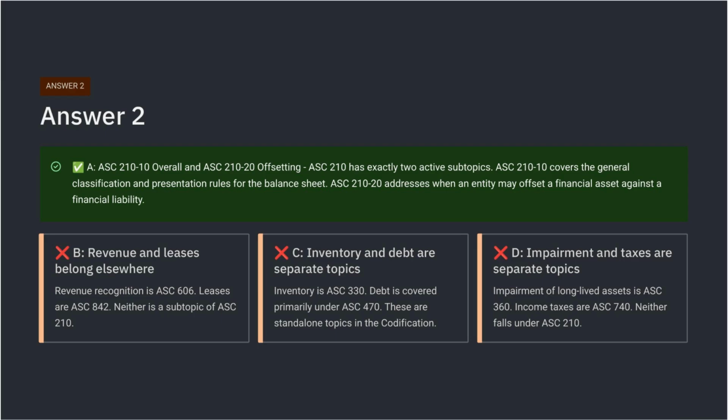Option B is wrong because revenue is ASC 606 and leases are ASC 842. Option C is wrong because inventory and debt are separate topics. Option D is wrong because impairment and taxes are also separate topics. This is why topic mapping matters.